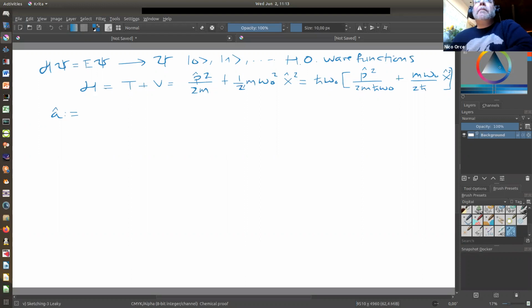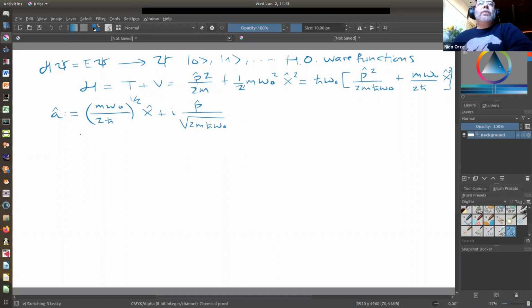So this A, which we defined yesterday, I want to define now as (m omega naught over 2 h bar) to the 1/2 of x, plus i P over the square root of 2m h bar omega naught, right?